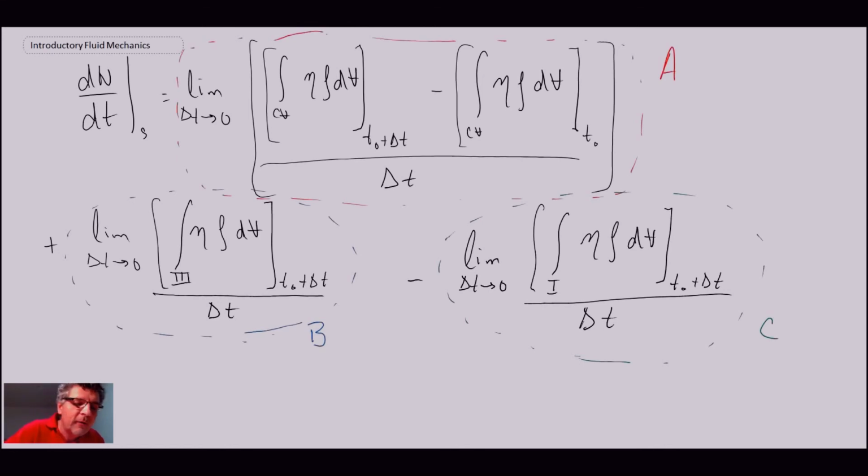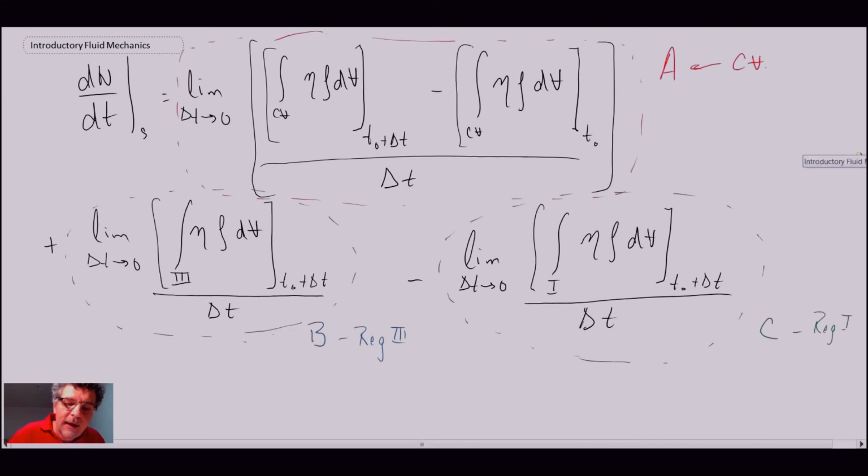What you'll notice right off the bat is that A involves only the control volume, B involves only region 3, and C involves only region 1. If you remember, we had those little differential elements in region 3 and region 1, and we're going to use them for understanding what's going on in B and C. For A, we'll use what's going on in the control volume. So let's work our way through A, B, and C, and then simplify this equation to make it look a little neater and more presentable.